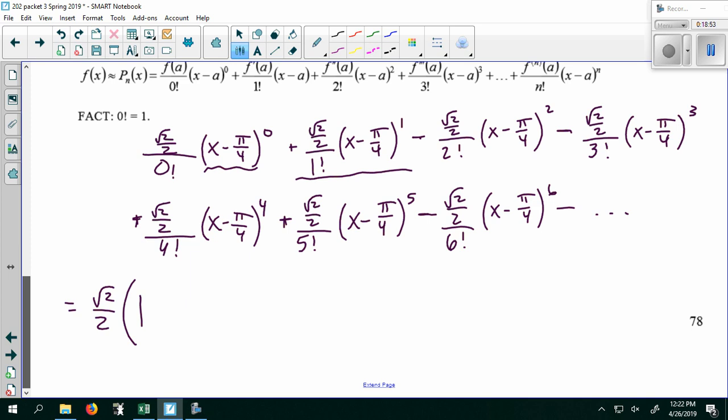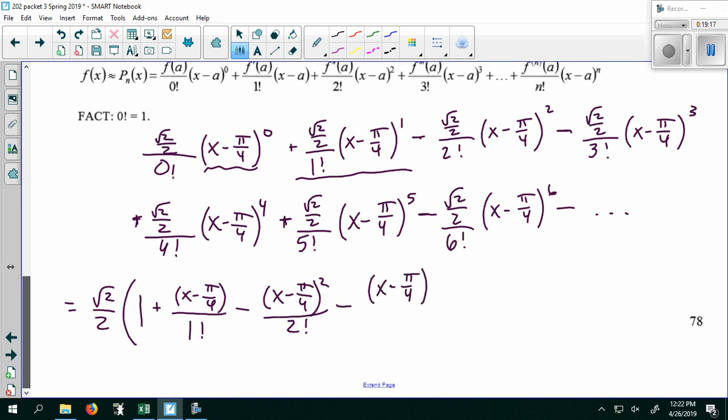x minus pi over 4 over 1 factorial. And then I have, so that was positive, positive. Now I have minus x minus pi over 4 squared over 2 factorial. Then another minus x minus pi over 4 cubed over 3 factorial.